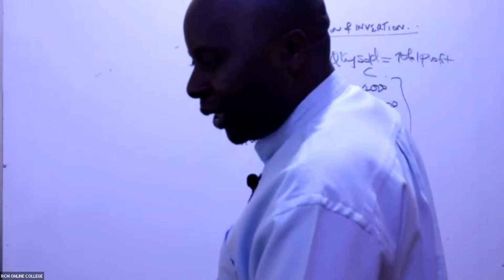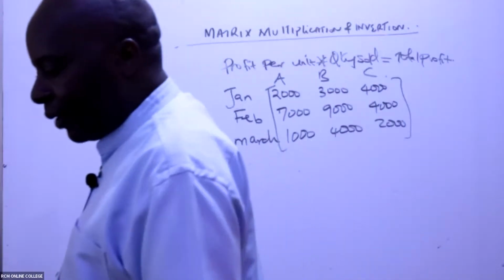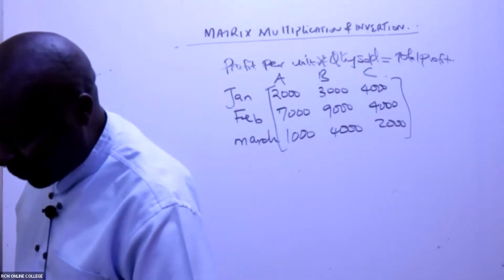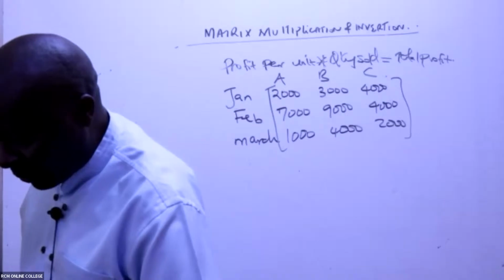Month of March, what do I have? 1,000, 4,000, and then 2,000. Let me know whether you, good students of mine, have been able to write down this matrix.